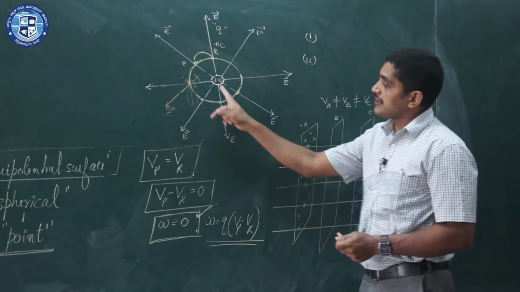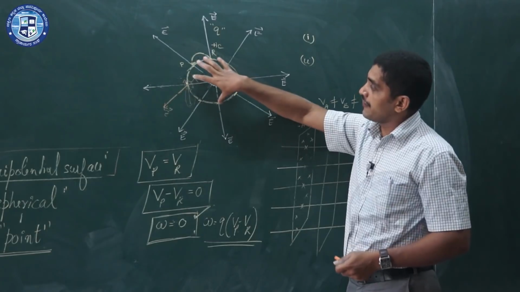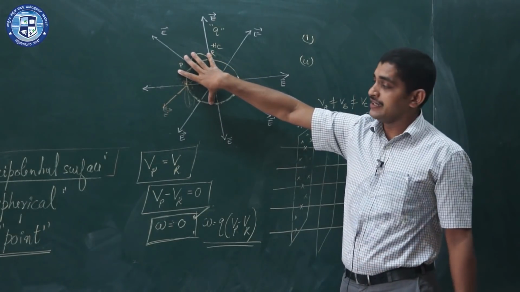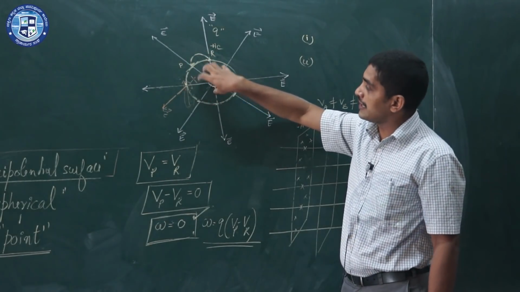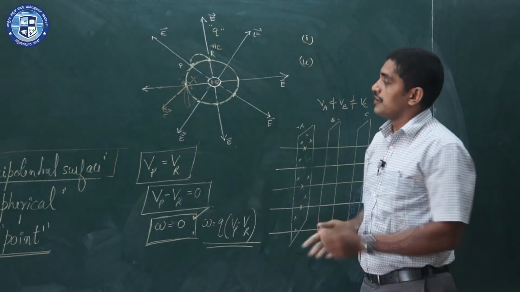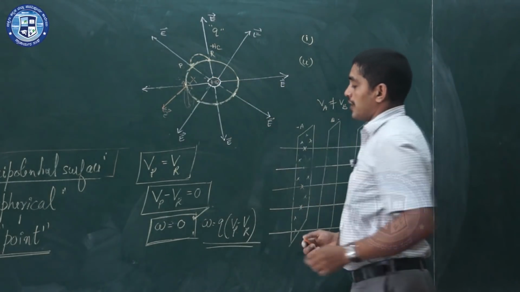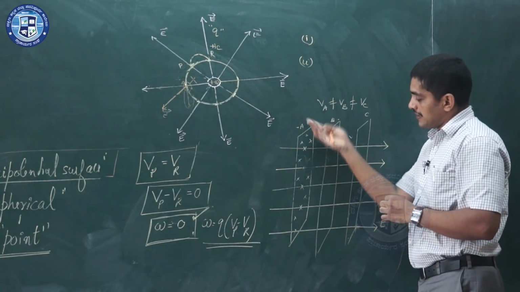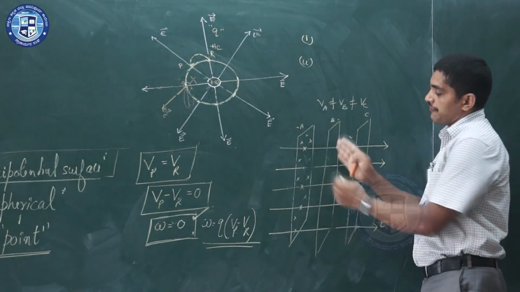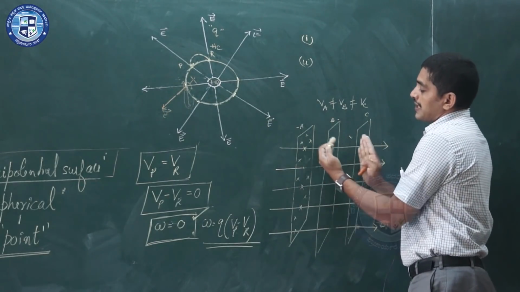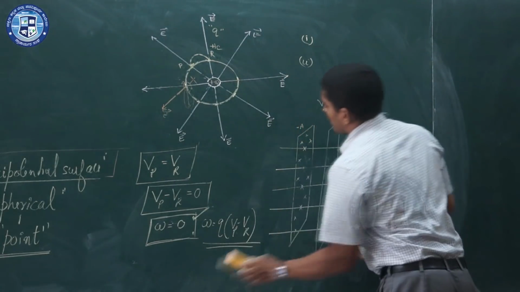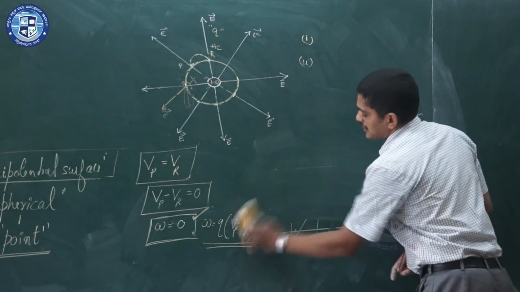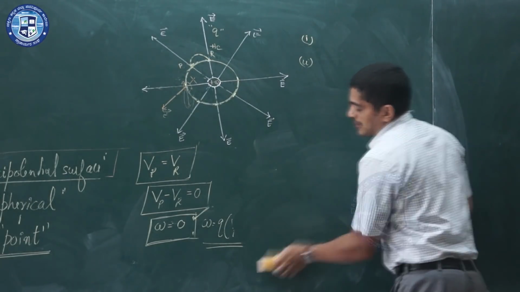For a point charge, the equipotential surfaces will be concentric spheres. If it is a uniform electric field, then the equipotential surfaces come to be parallel planes. You can think of different arrangements of charges.